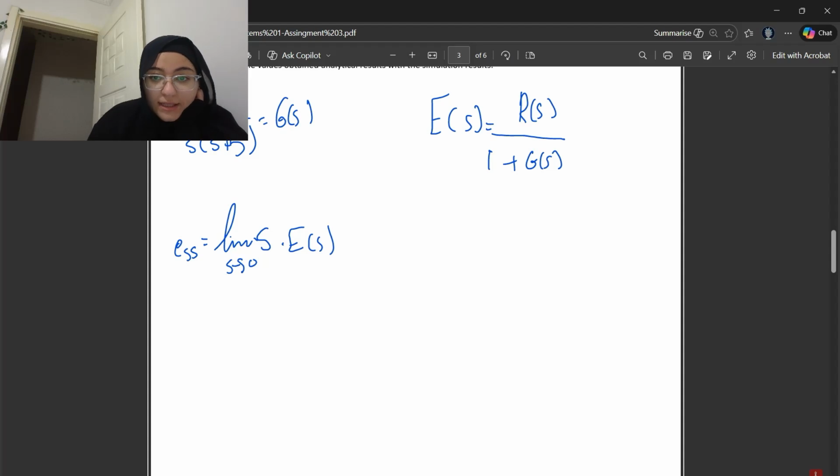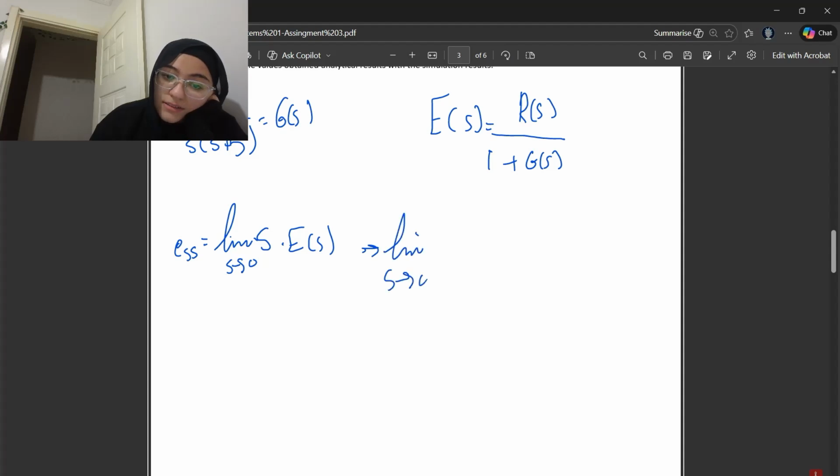Okay, now to find this, we know already it's the first type. So in the first type, the step input, it's going to be 0. Why 0? Because here it's S. Let me write it again.